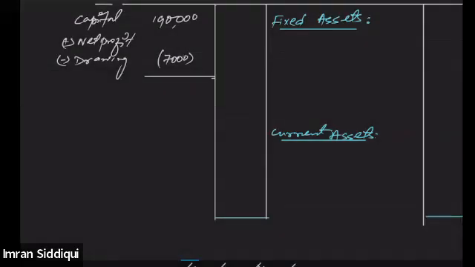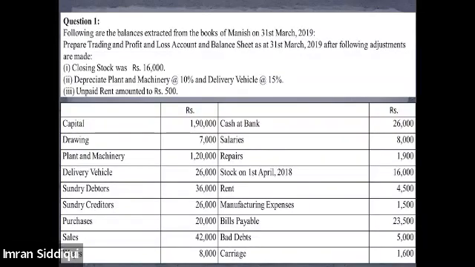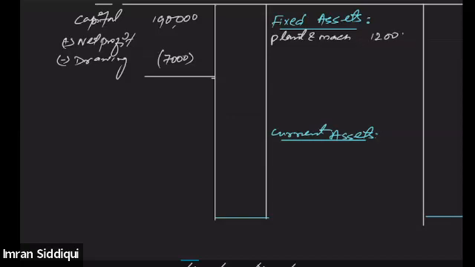So under the fixed assets, we'll write down plant and machinery. The amount of plant and machinery was how much? 1,20,000. But I won't be writing the final value. I'm not going to write down 1,20,000 here. Instead, I'll first adjust it for the depreciation. So I have to subtract the amount of depreciation out of it. 10% of 1,20,000 is how much? 12,000, right? And after adjusting it for depreciation, we'll write down the value of the plant and machinery in the final column, which will be 1,08,000. Is that clear, everyone?